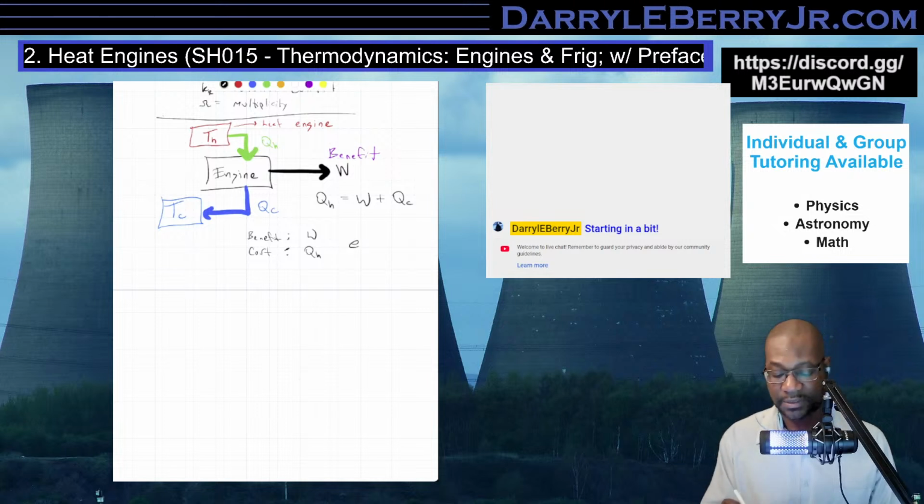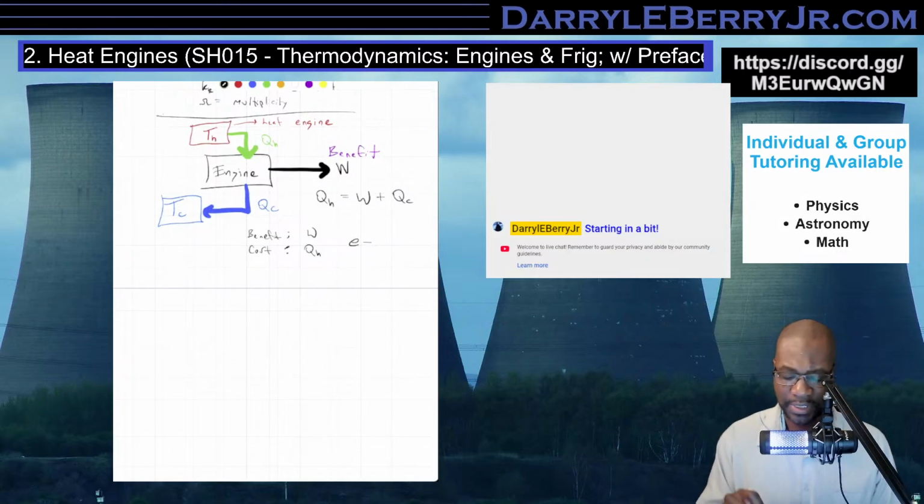So we define this parameter, the E. I forget the actual formal name for it. We'll just call it the efficiency, though I thought there was some kind of different formal name.